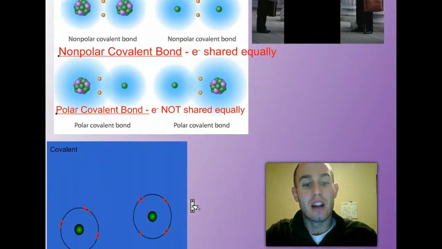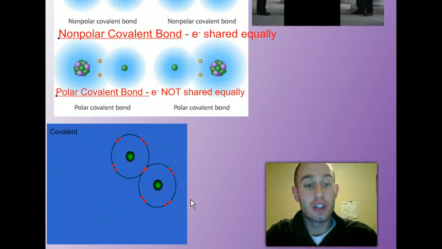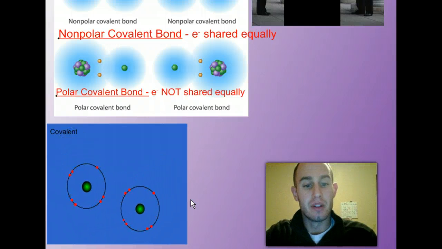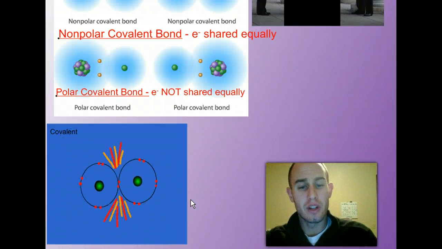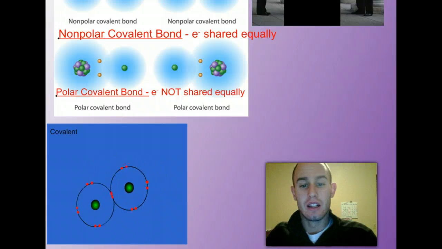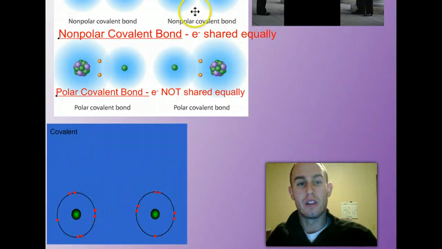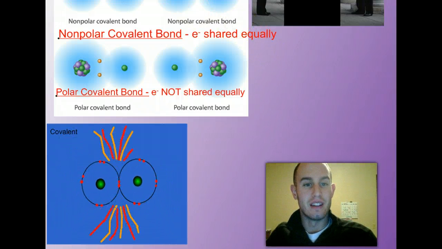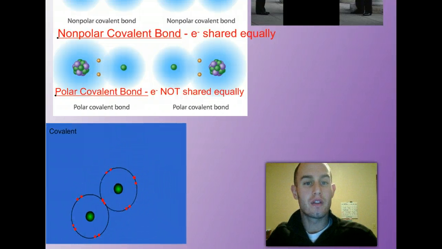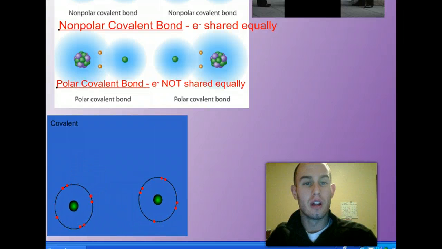A diagram here, or a little animation, shows a covalent bond forming between a molecular compound. Now, a molecular compound, you're going to see written sometimes in a few different ways.